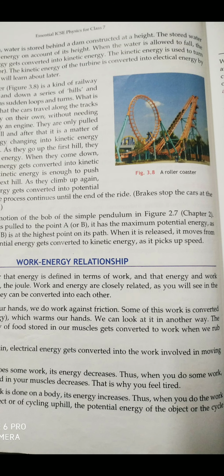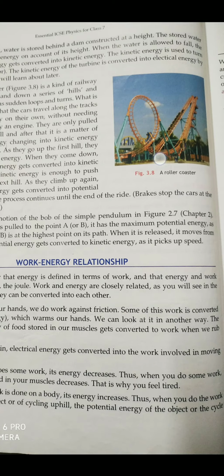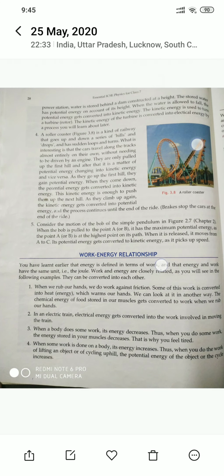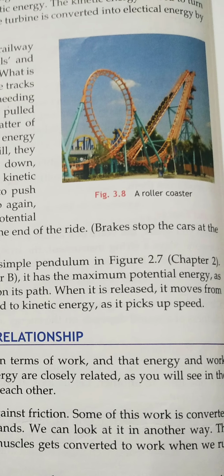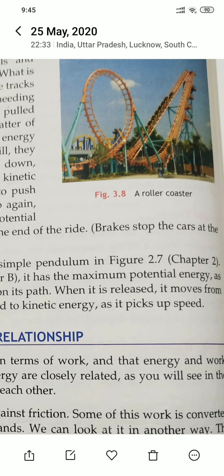Can you see here? See, this is the point where it is starting, right? This point. And when it's here, it needs some pull with the help of an engine. Then when it reaches here, what is happening?